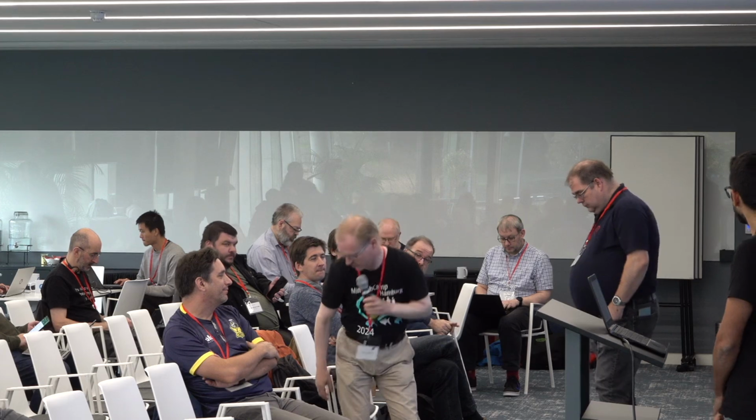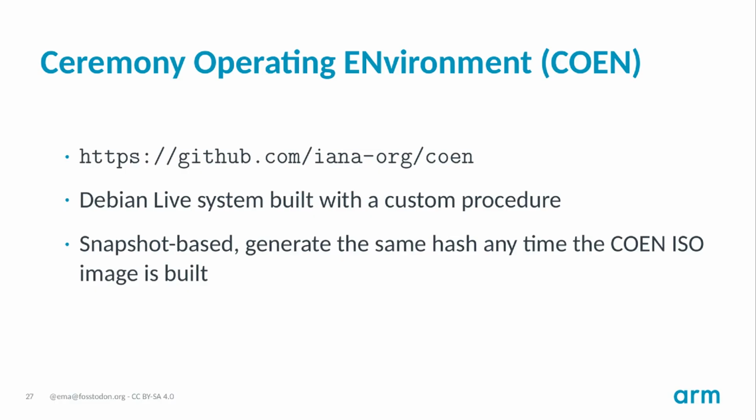Then I had some few additions or short questions. On slide 27, sorry, details. Yes, so nowadays we can also use snapshot.debian.org to have a fully reproducible build.